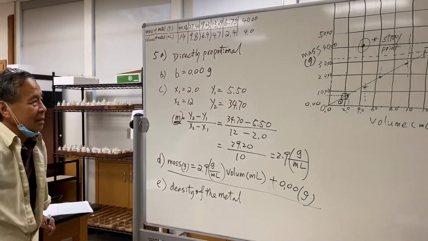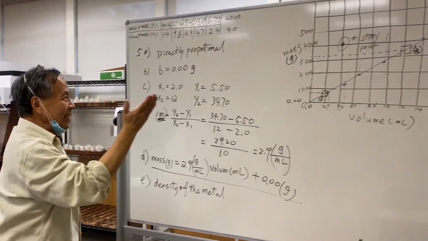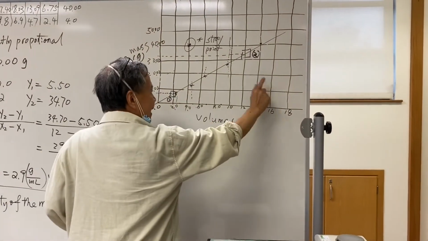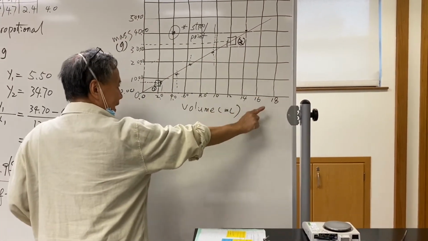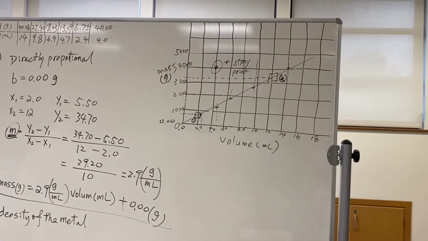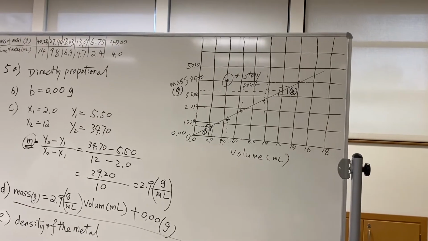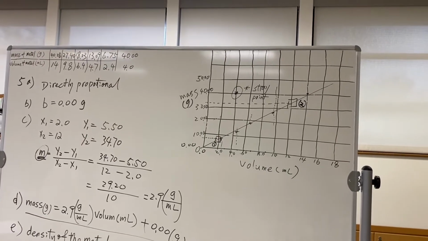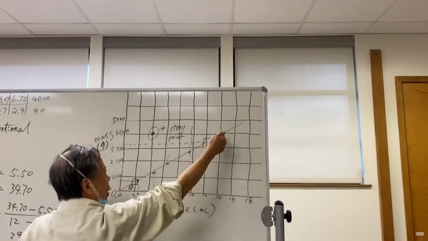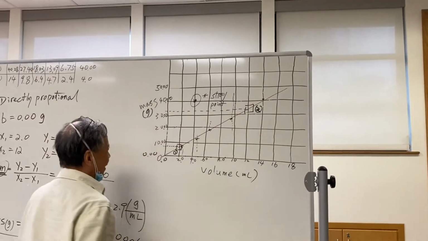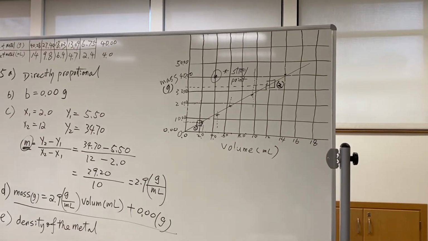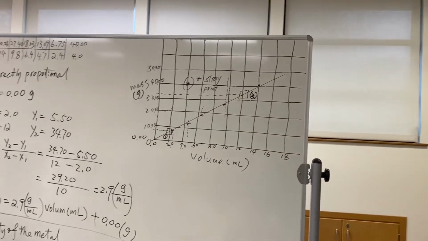So one is known: mass is known. One is unknown: volume is unknown because you are asked. How do we do this? Easy. From the graph, first locate the known, 23.75.